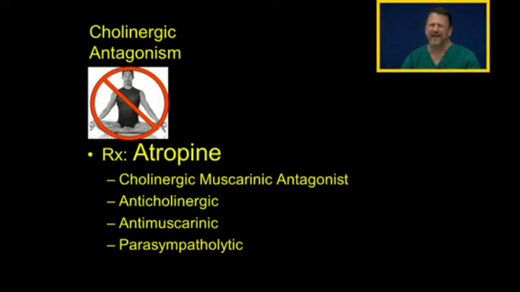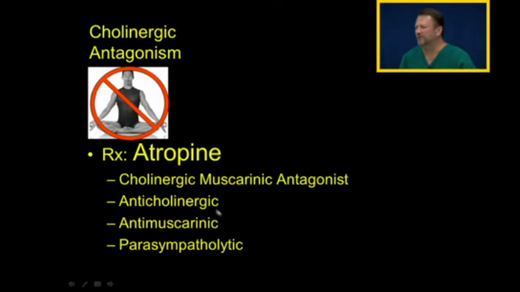is atropine. Atropine is a belladonna alkaloid, one of the belladonna alkaloids. So atropine is our anticholinergic, antimuscarinic. It's a cholinergic muscarinic antagonist. Anticholinergic, antimuscarinic, parasympatholytic.